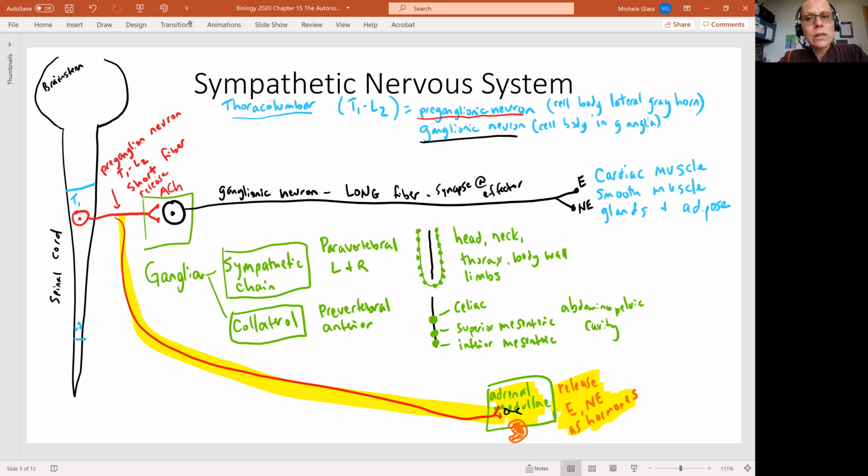So what we're saying here is the cardiac muscle, the smooth muscle, the adipose tissue and the glands can't hear, if you want to think of it that way, epinephrine or norepinephrine unless they have the special type of receptors.